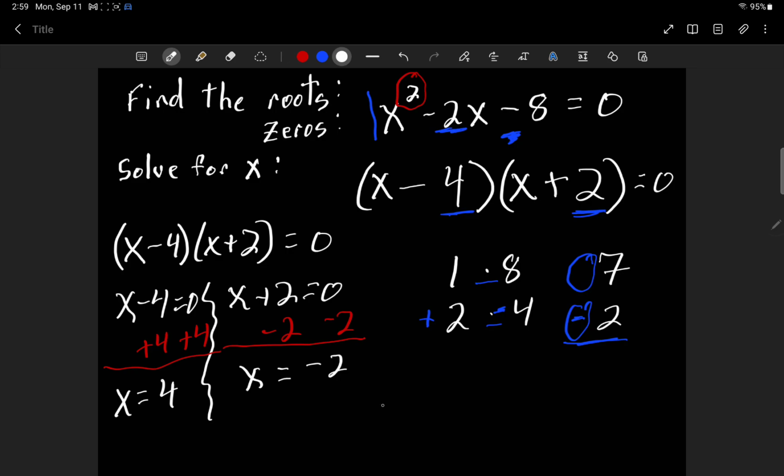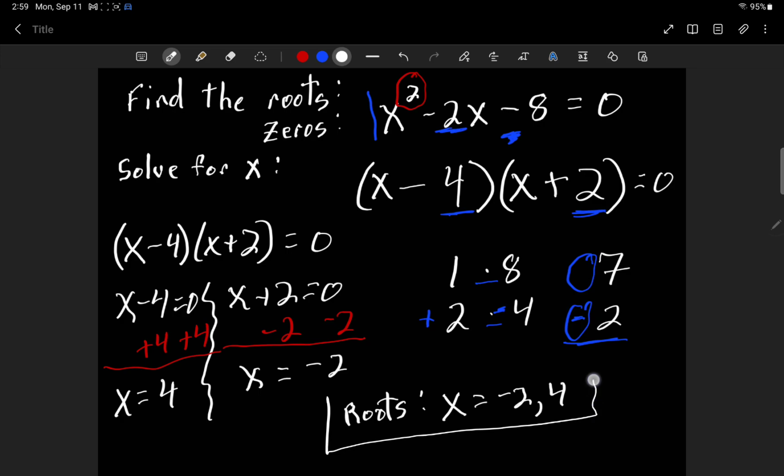So my roots, or zeros, are x equals negative 2, comma 4. Those are my solutions, or those are the values of x. I've solved for x. I found the roots.